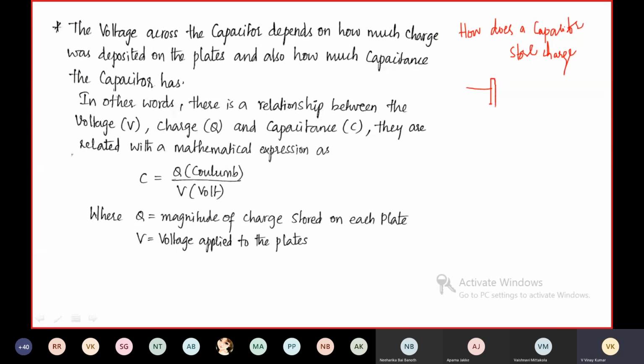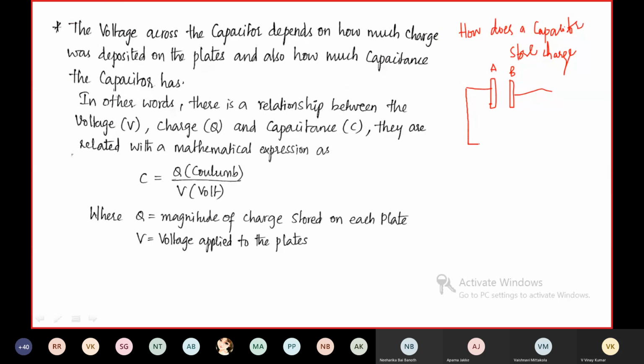Here are two conducting plates, this is plate A and this is plate B, separated by an insulating medium. This insulating medium could be air, mica, or any other dielectric medium. These two are conducting plates.